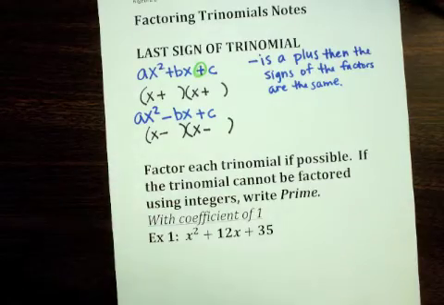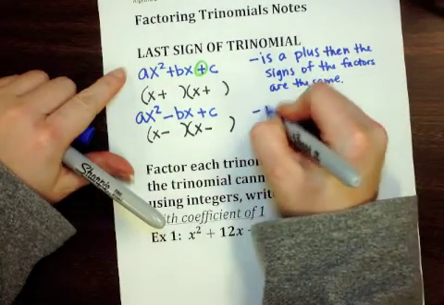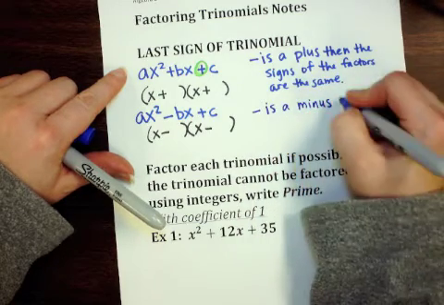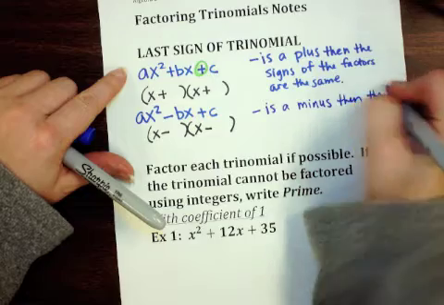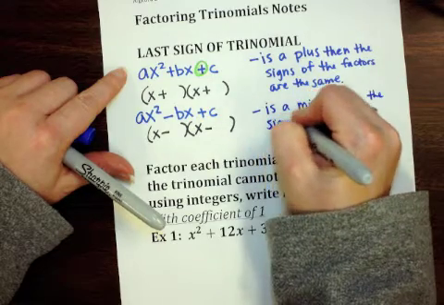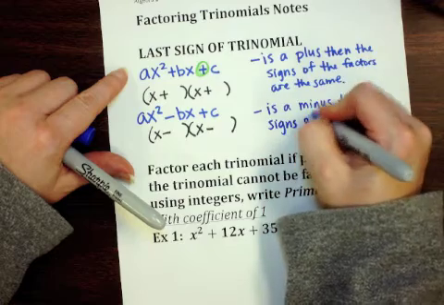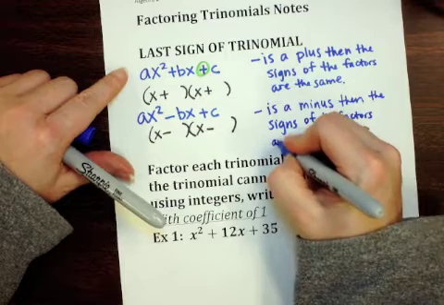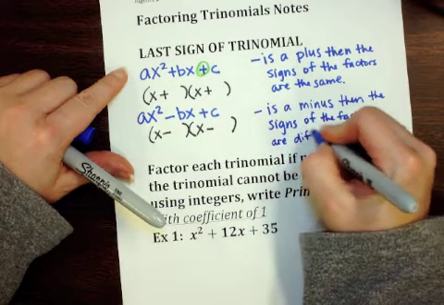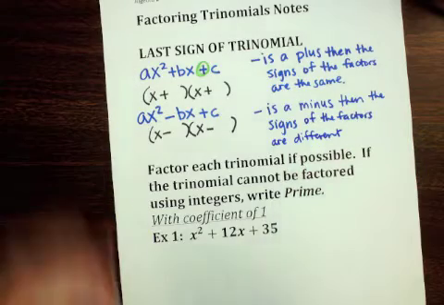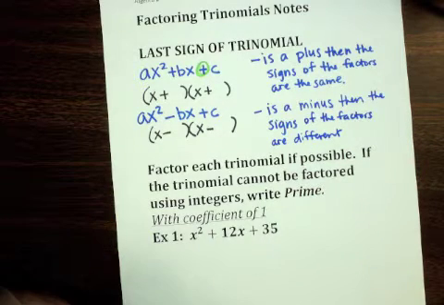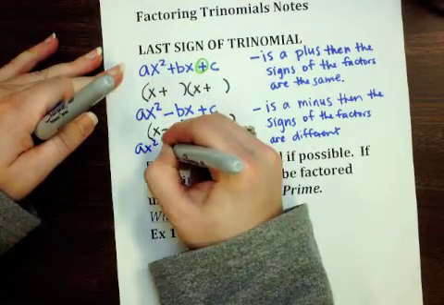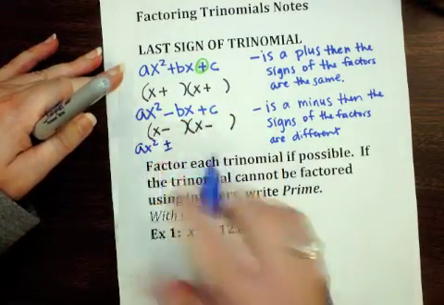Now, if we end in a minus, if the last sign of the trinomial is a minus, then the signs of the factors are different. One's plus and one's minus. And which is which is dependent upon the middle one, we'll talk about that.